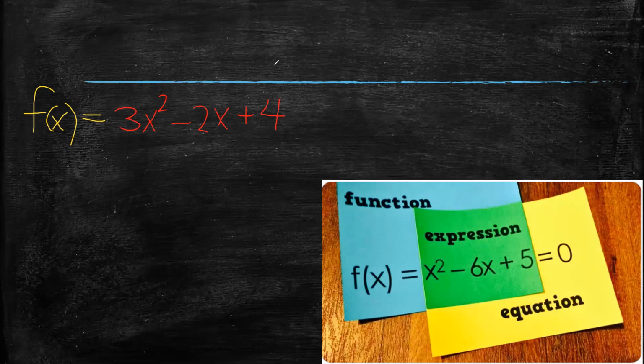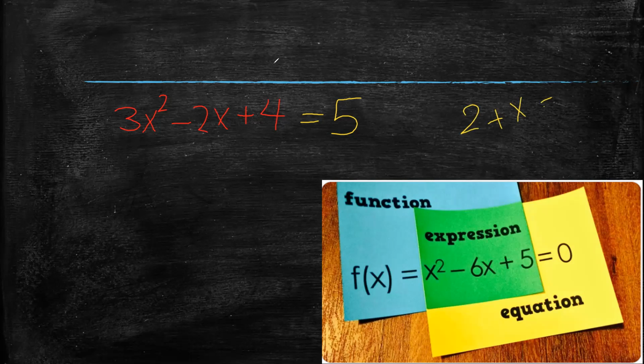If now I have the expression and I say that this expression is equal to 5, it becomes an equation. Then I want to find the answer of x. Like 2 plus x equals 5. This is an equation.